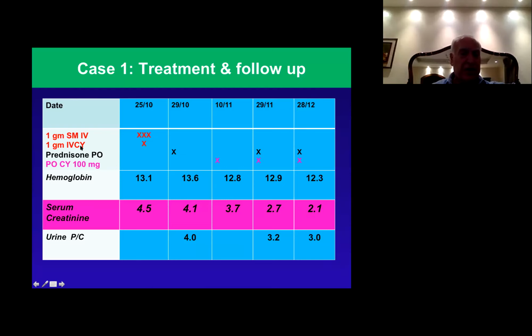He continued on oral prednisone and oral cyclophosphamide. His hemoglobin is holding, and urine protein continued to be on the high side, which is his baseline, after a couple of months of therapy. So there is room for open discussion, but definitely plasmapheresis has no role. Rituximab has been tried, but the results are not good so far.